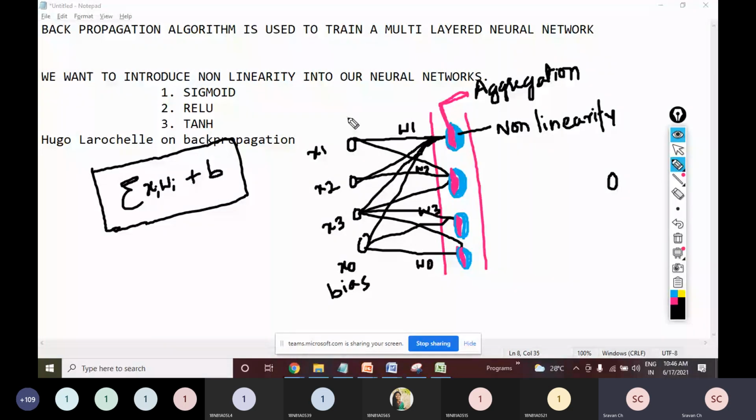Sigmoid is one function which will add non-linearity to your linear output. And these functions which are used to add non-linearity are called activation functions.